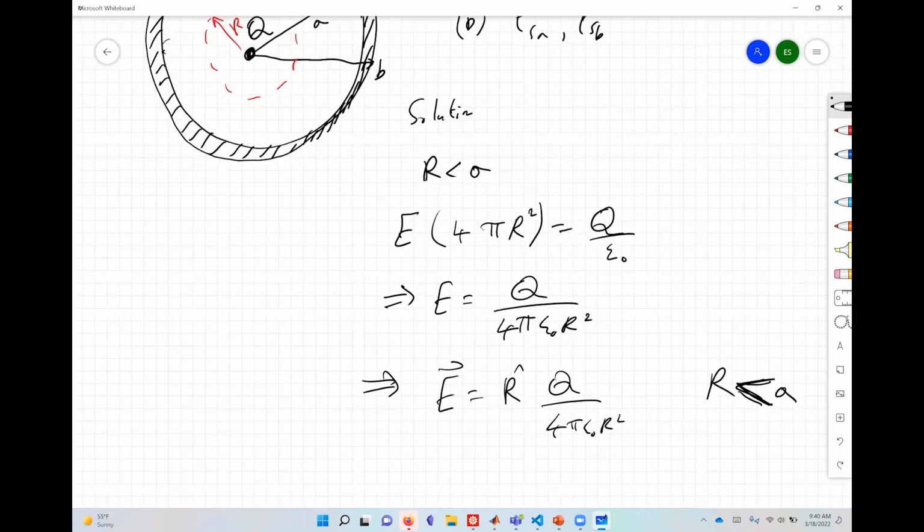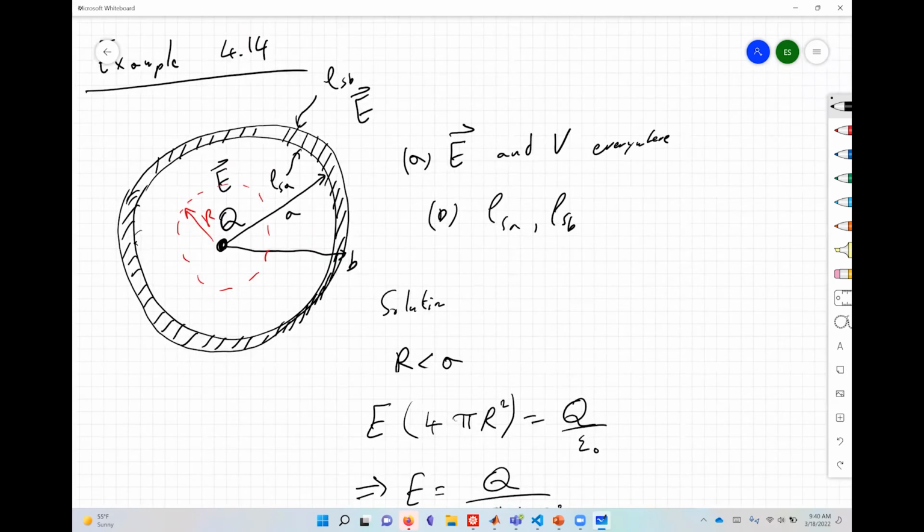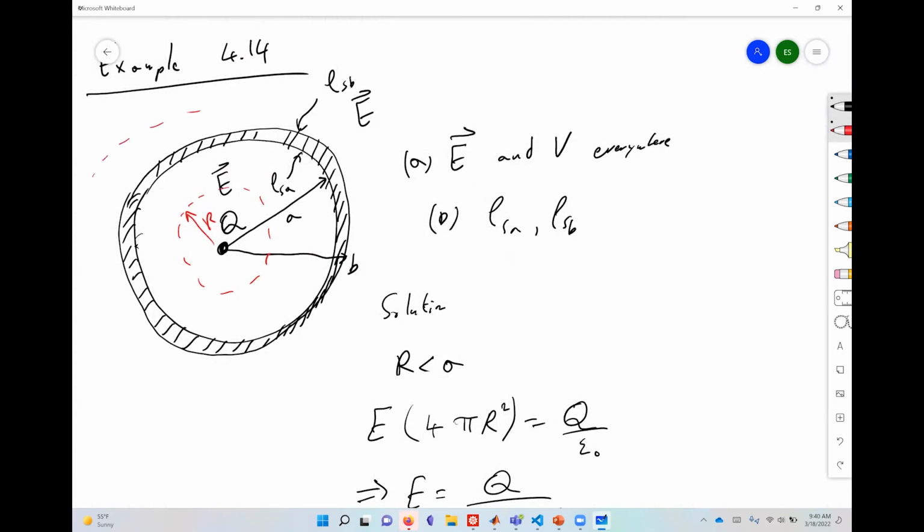Okay, so what about R larger than B? In this case, my Gaussian surface will be this. Would the existence of the ideal conductor spherical shell matter in terms of applying Gauss's law? It will not matter at all.